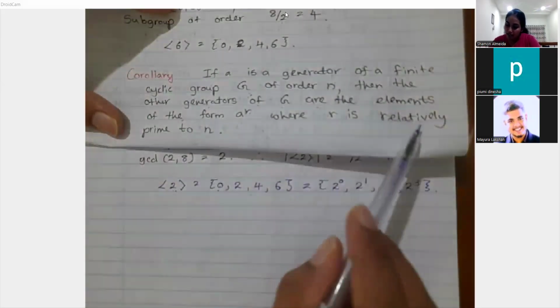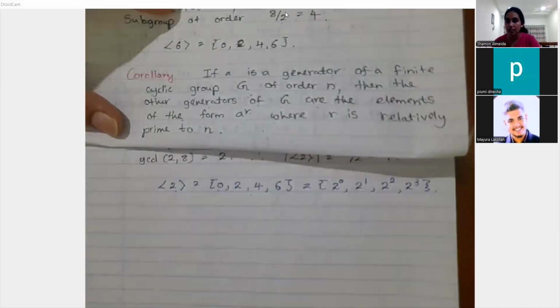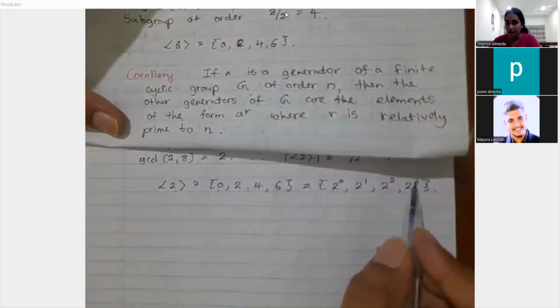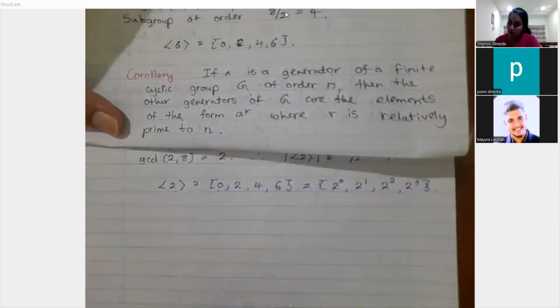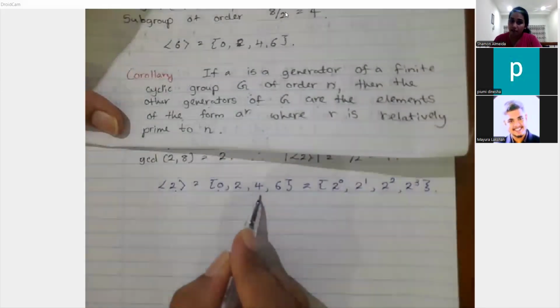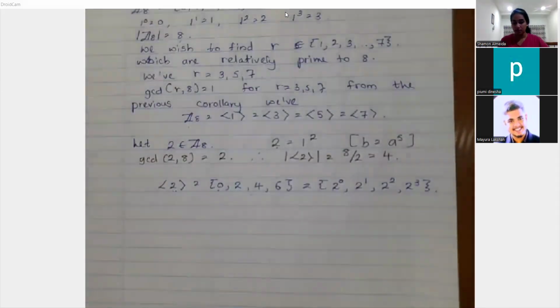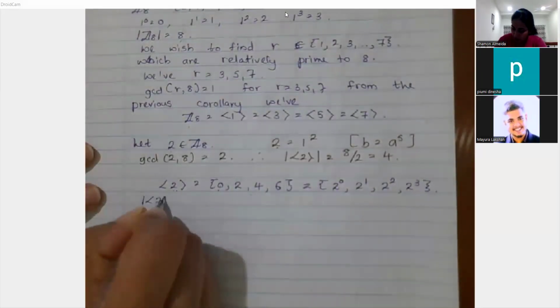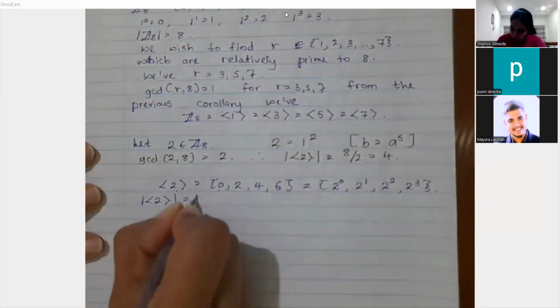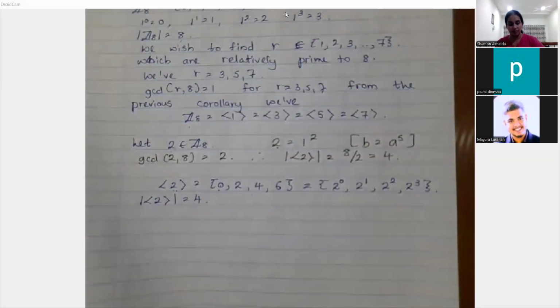So to find the other generators, what do we have to look at? All these powers, and we have to find the numbers which are relatively prime to N, in this case 4. So what are the numbers that are relatively prime to N, meaning the order of this group now, which is 4? What are the numbers?